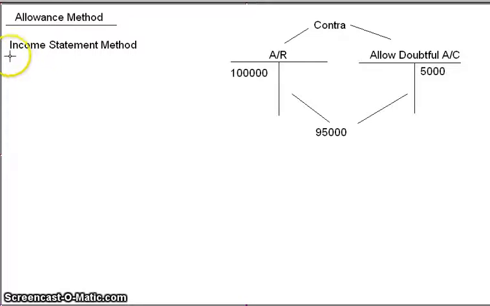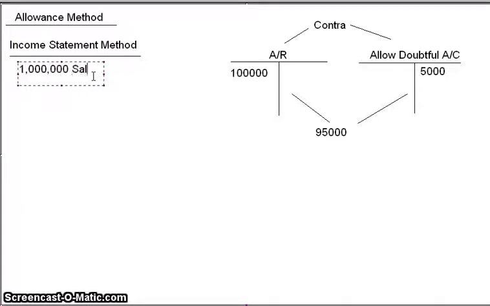With the income statement method, what you do is you look at your amount of sales. Let's just say you have $1 million in sales this year.